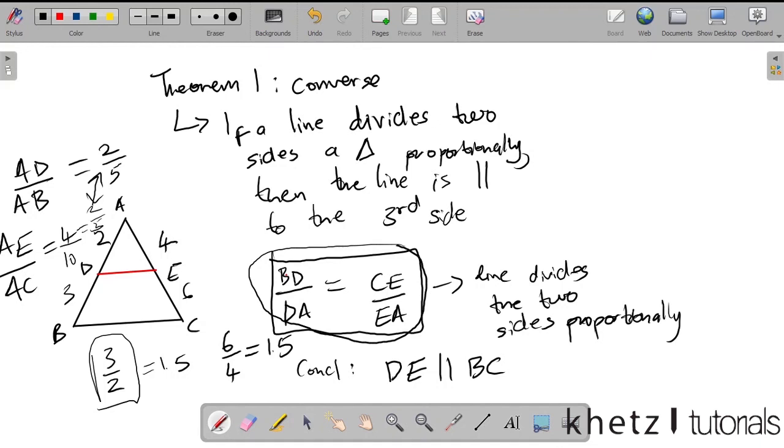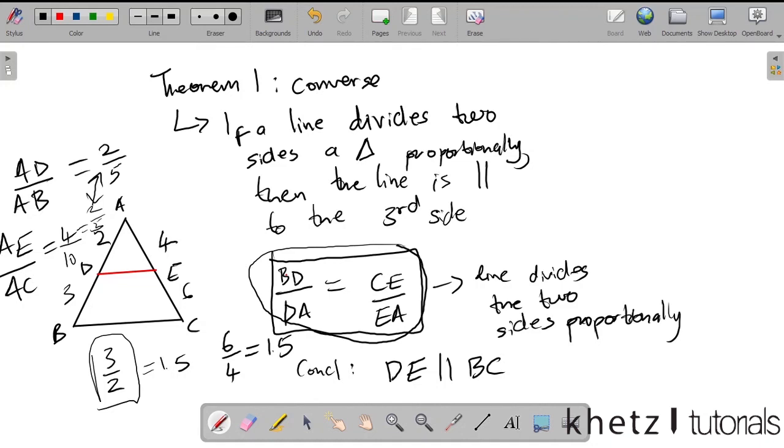That was just me explaining the converse of Theorem 1 and how to prove it. Just prove that there is proportion present, and from that, you can conclude that DE is indeed parallel to BC.